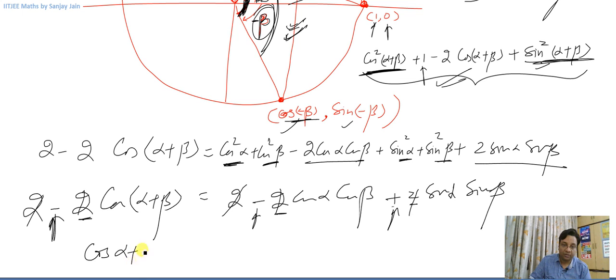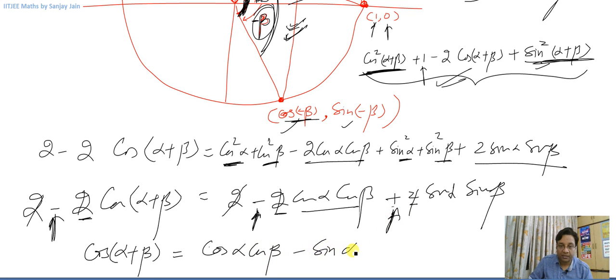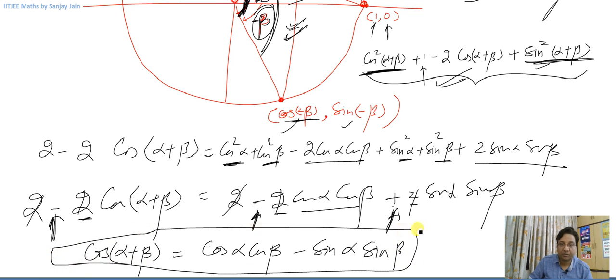So it will be cos alpha plus beta equal to, now this minus will become plus because I am multiplying both sides with minus 1. So this will give me cos alpha cos beta, and then this will become minus sin alpha sin beta. So this is the same thing that we got above in that rectangle derivation.